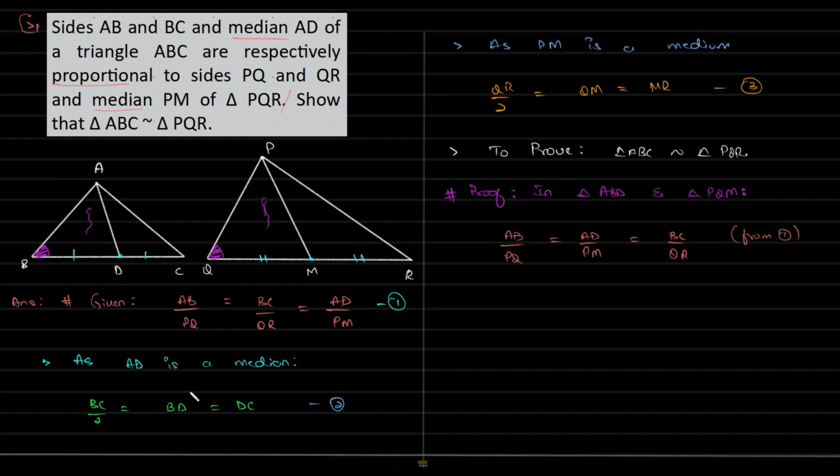See, from equations 1 and 2, we can substitute this back. From 2 we have BC equal to 2 times BD, and from 3 we have QR equal to 2 times QM.